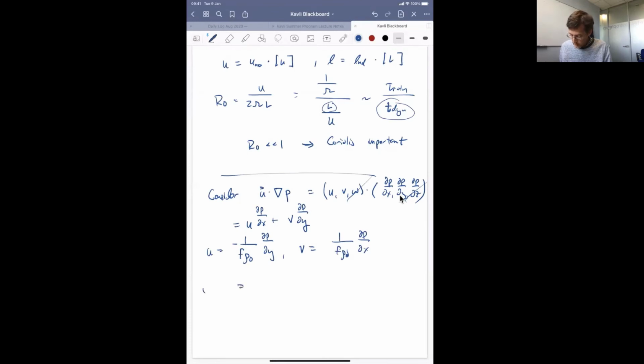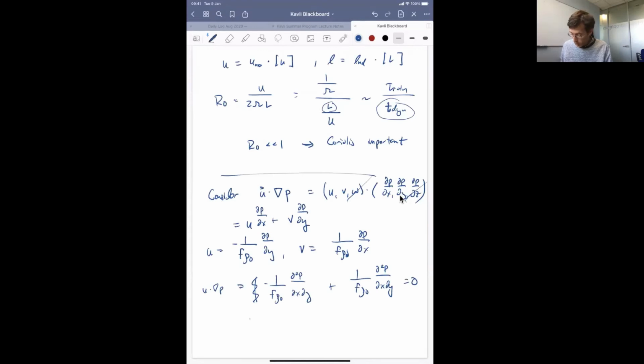So u dot del P then is just minus 1 over f rho naught d²P/dx dy plus 1 over f rho naught d²P/dx dy, which is 0.